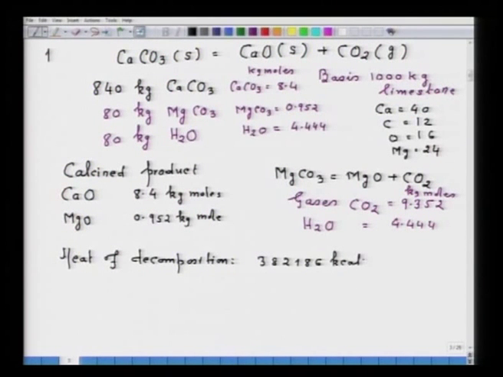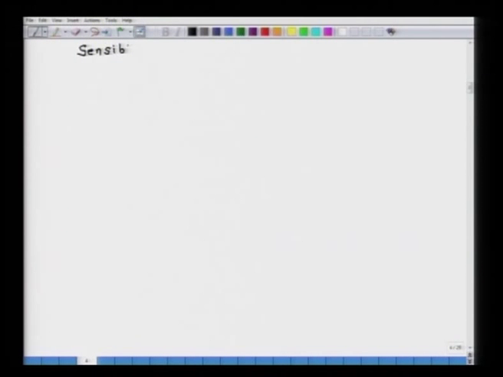That is the heat of decomposition. Now, then I have to find out the sensible heat in products and gases. That is what I have to find out, and if I sum total all this, that is the energy I require if I want to decompose calcium carbonate.